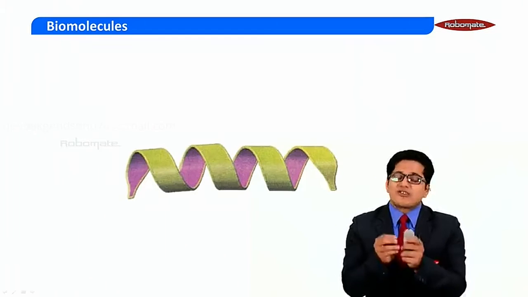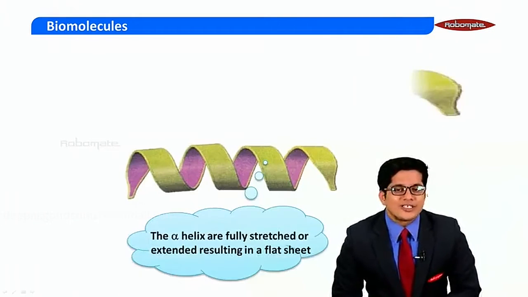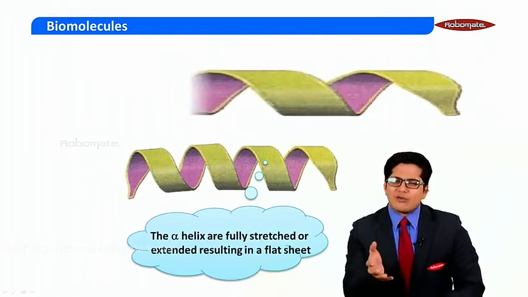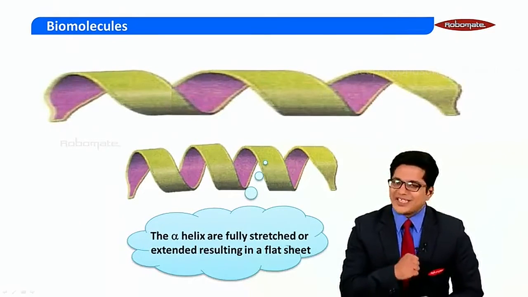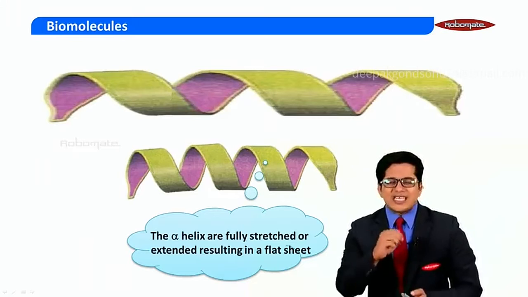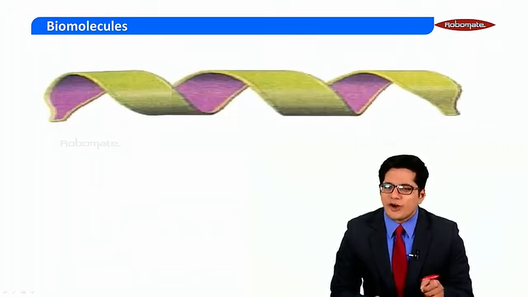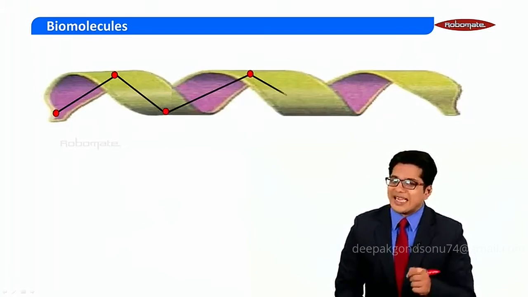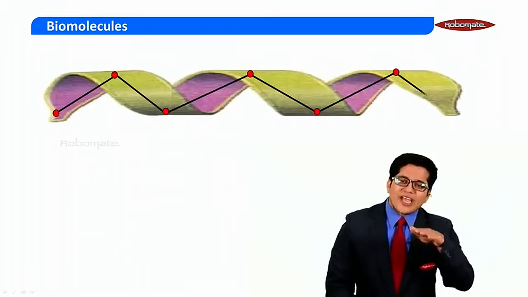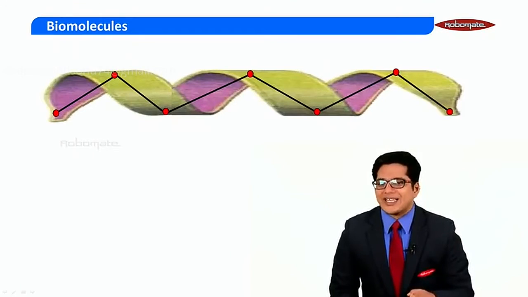Suppose we stretch this horizontal structure, then it would result in a structure something like this. Am I right? Yes. Now, just imagine, students, could you form a small triangle out of this structure? Then yes, you would get a wave-like structure originating.